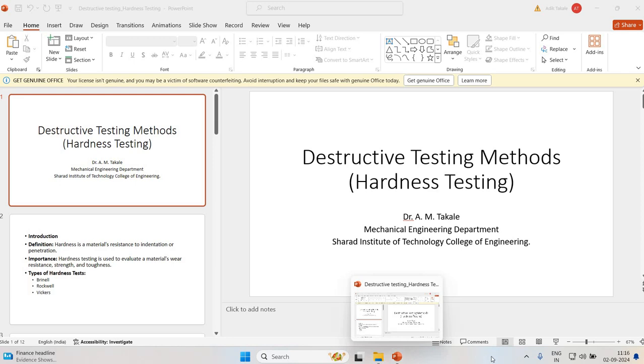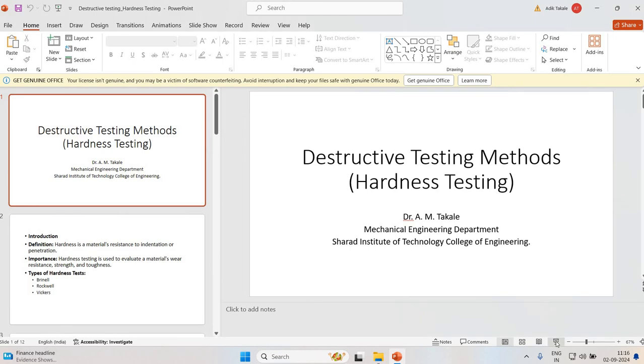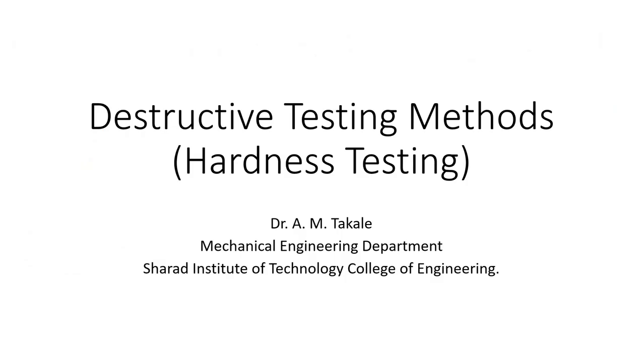Today we will study another method of destructive testing, that is hardness testing. In a previous lecture, I already told that there are two methods in metallurgy. One is destructive and the second one is non-destructive testing.